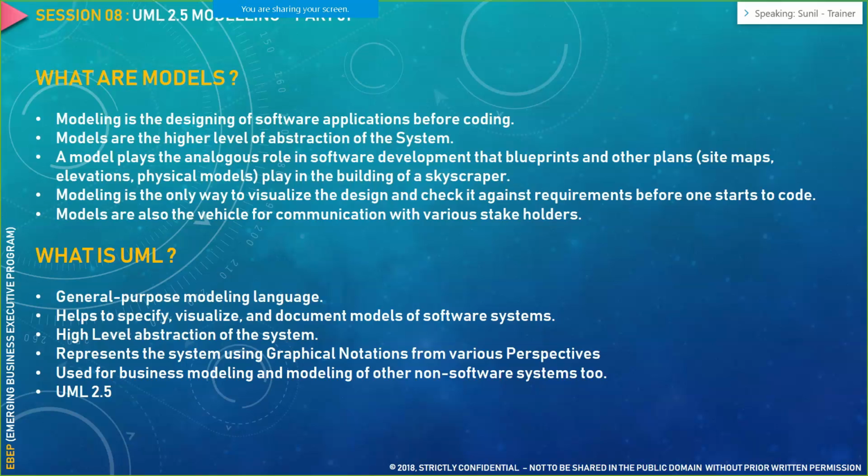If not, then you would reach out to your business stakeholder with your recommendations and suggestions. Until and unless your UMLs are properly signed off and approved by the business stakeholder, you cannot start coding. Your coding would always start once your UML and all the necessary related artifacts are approved by the business stakeholder. So models are also the vehicle for communication with various stakeholders.